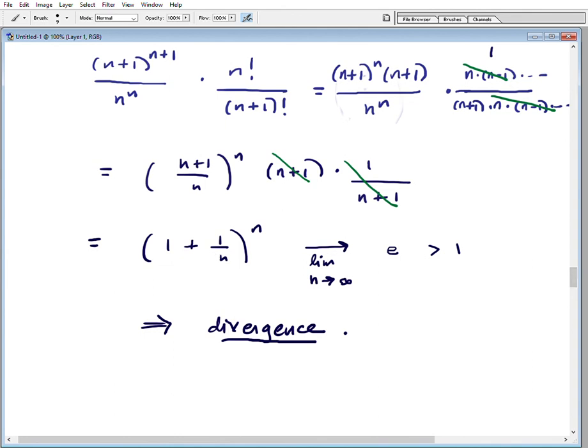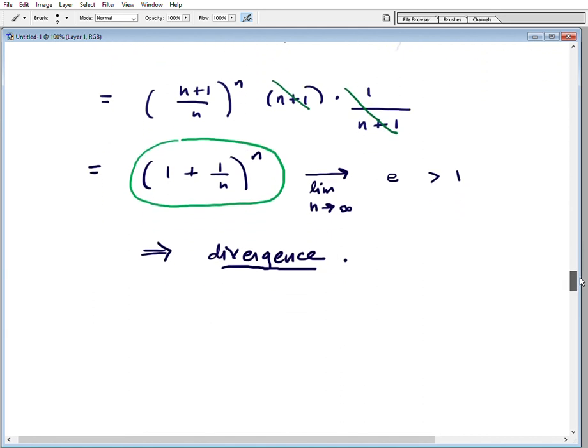Okay. To show that the limit is e, it takes a little bit of work, so I don't want to do that now, but I'll just show you what to do. If you want to show that that limit is equal to e, you put y equal to that.